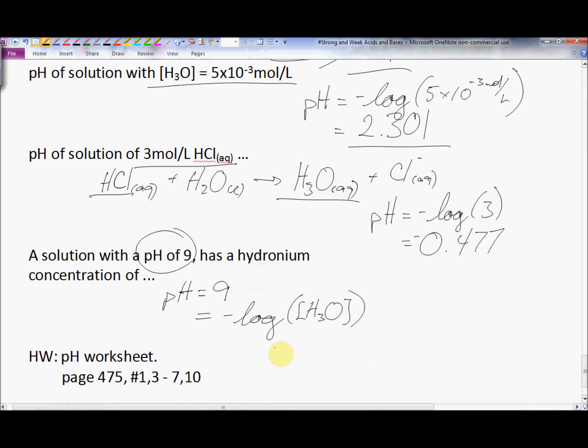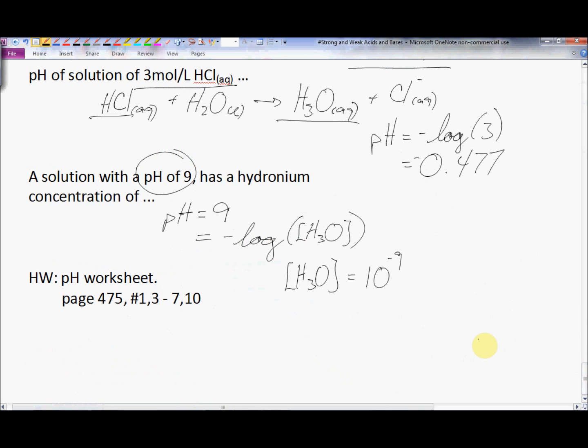In other words, the hydronium concentration is equal to 10 to the power of negative 9. So in other words, 0.000000001.